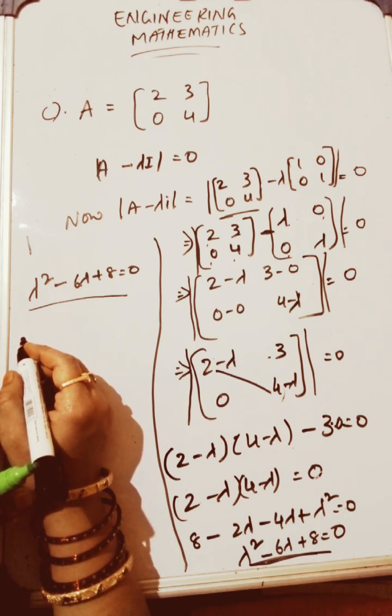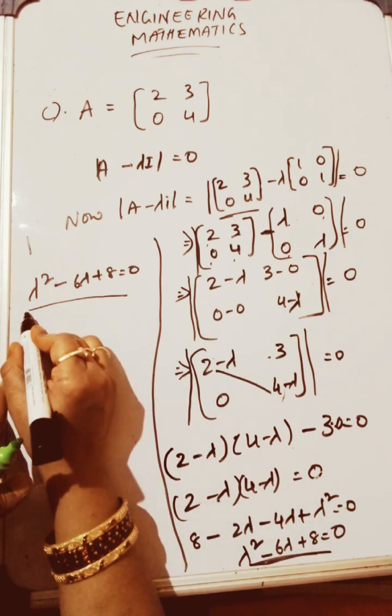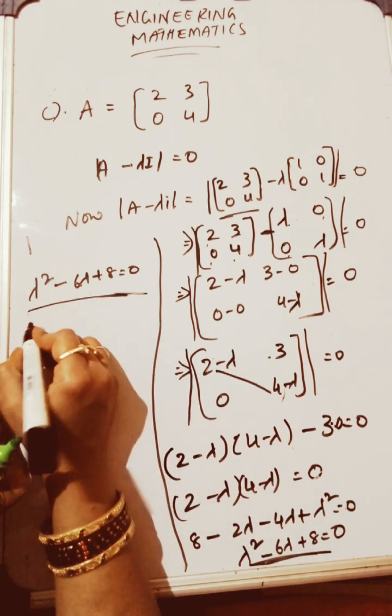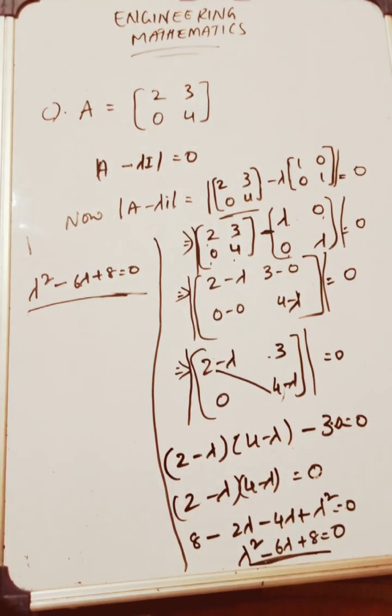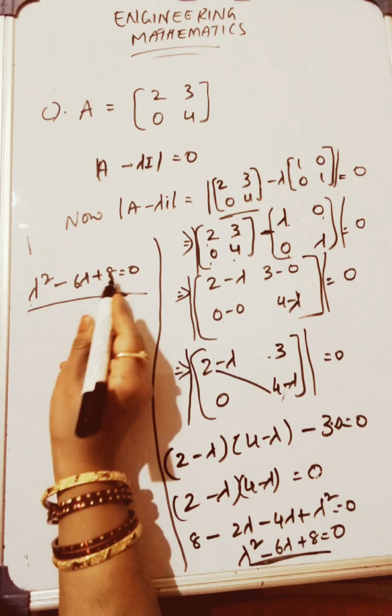From this equation I am going to factorize it, to get lambda minus 2 and lambda minus 4.